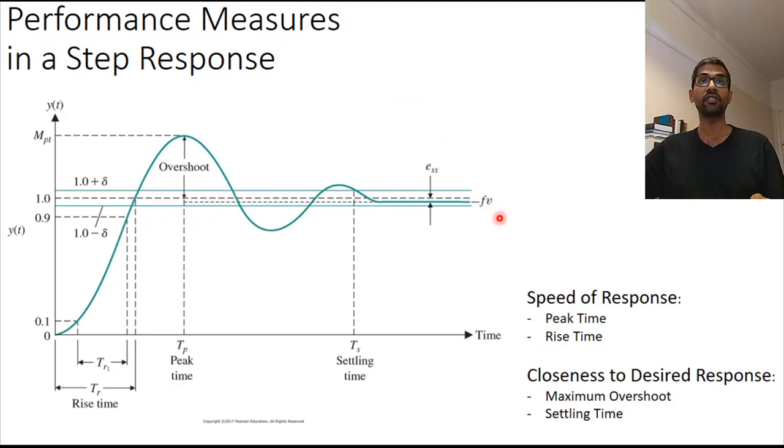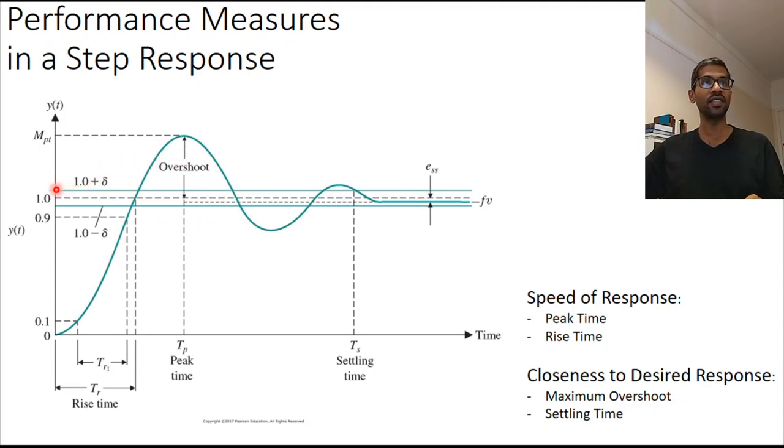These oscillations can continue for a very long time. And if it continues for a very long time, you have actually not reached your desired response. And the faster you reach the settling time, the faster you're reaching your desired response. So settling time is usually defined as the time that it takes for the output to settle down to a certain ratio of the final output.